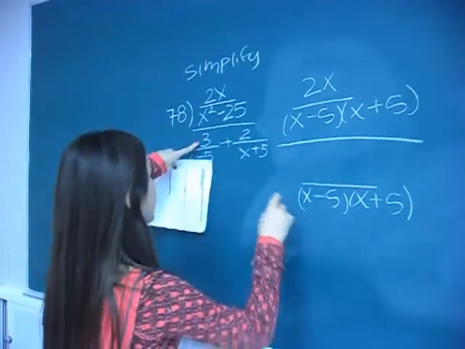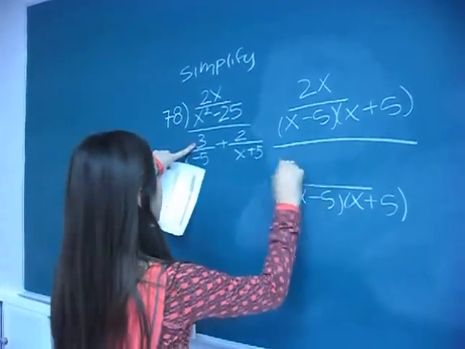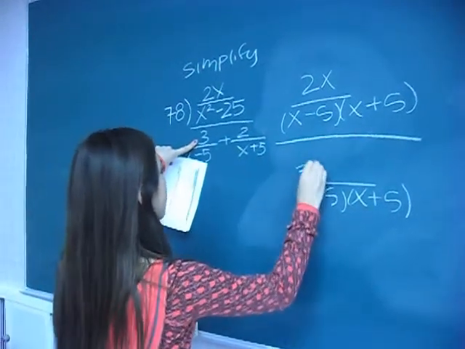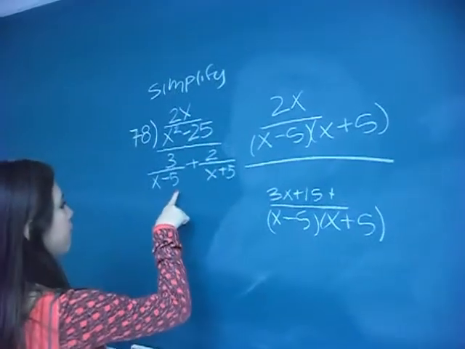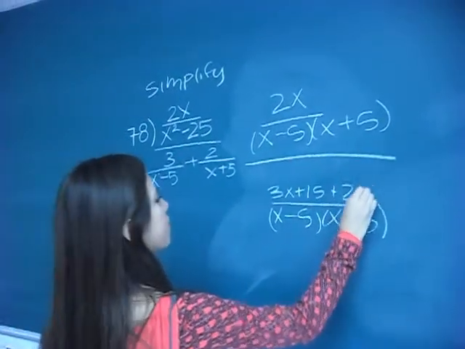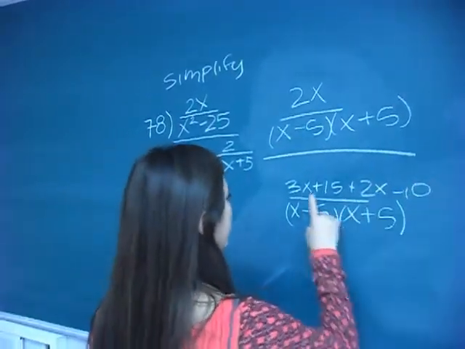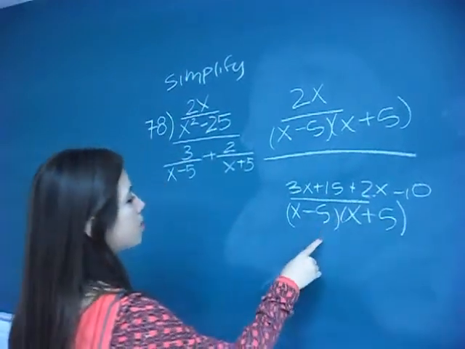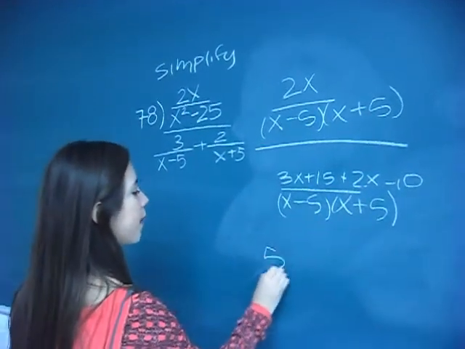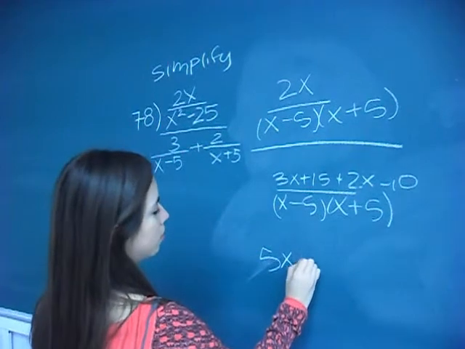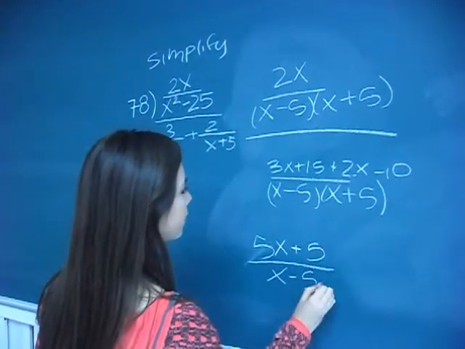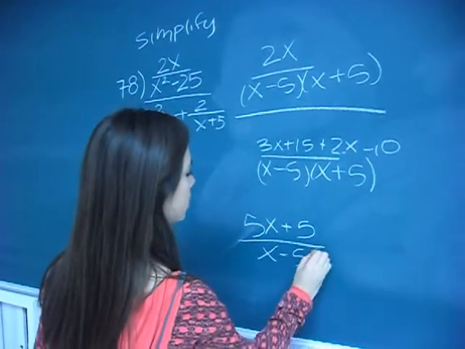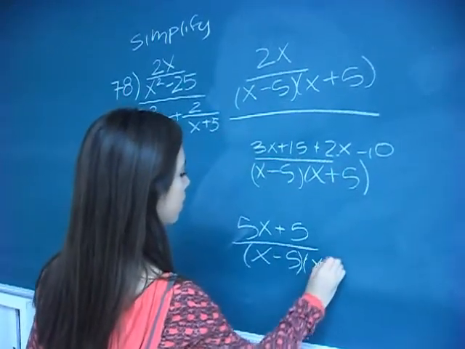And you multiply 3 times x plus 5, which is 3x plus 15, plus 2 times x minus 5, which is 2x minus 10. Then you simplify this, and this gives you 5x plus 5 over x minus 5 times x plus 5.